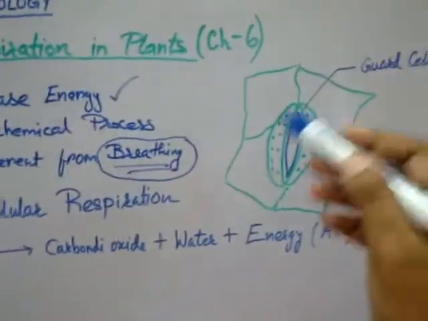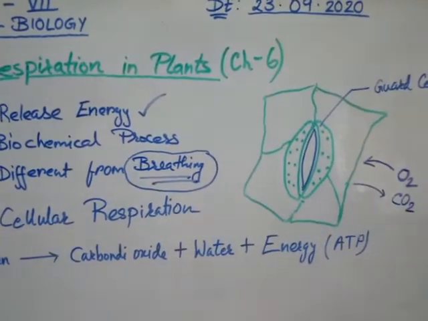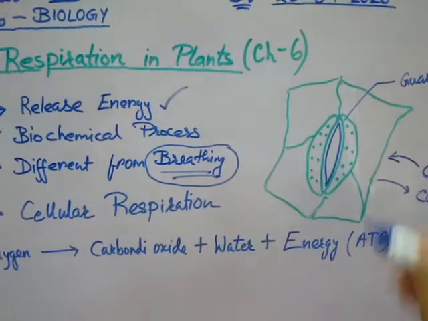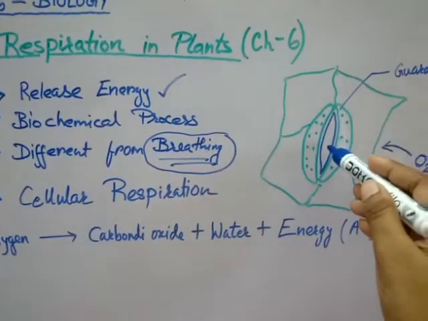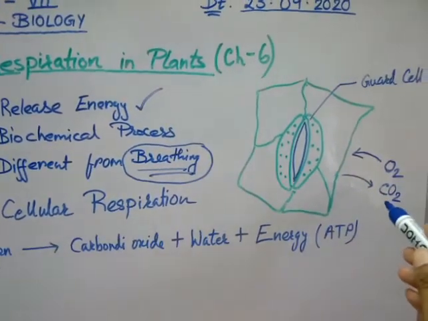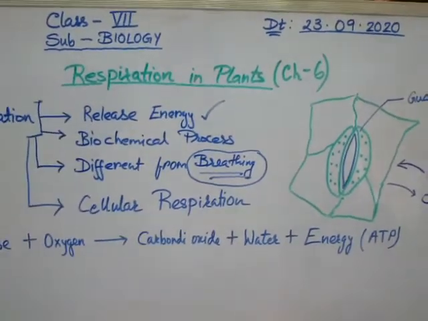Here, if you see in this structure, this is the picture or diagram of a guard cell. These are the two bean-shaped guard cells. This is the stomatal opening. Now, this intake of oxygen through the stomatal opening and exhale of carbon dioxide, this mechanical process is known as breathing.